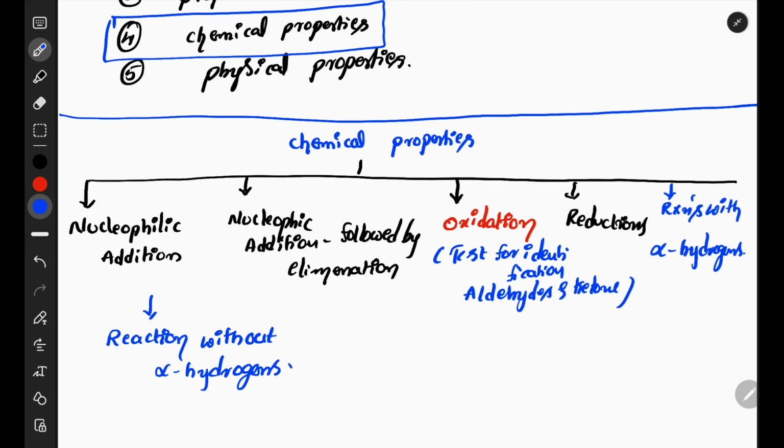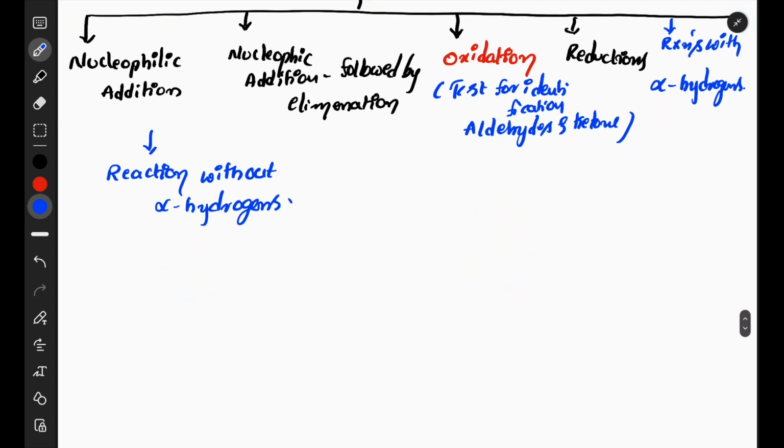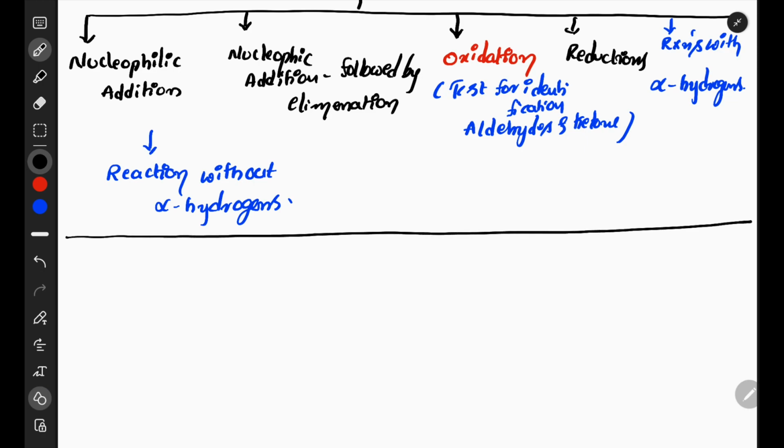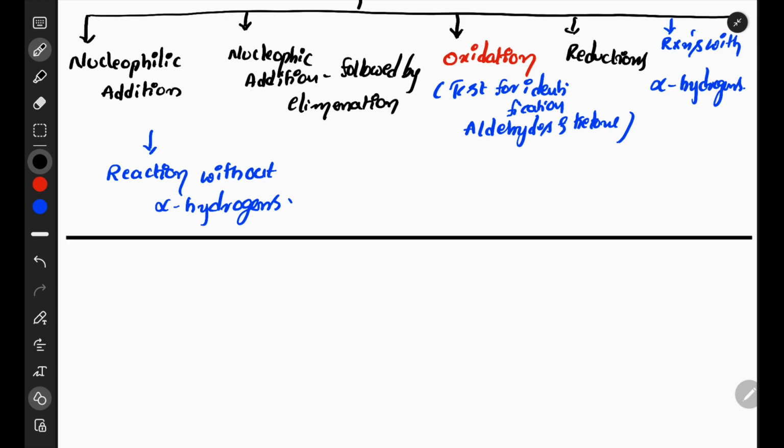These are the main chemical properties that can be executed by aldehydes and ketones. Let me start with the first chemical property, nucleophilic addition reactions.